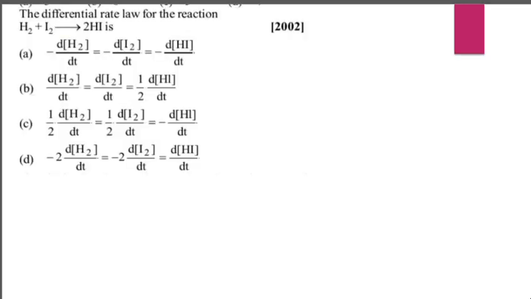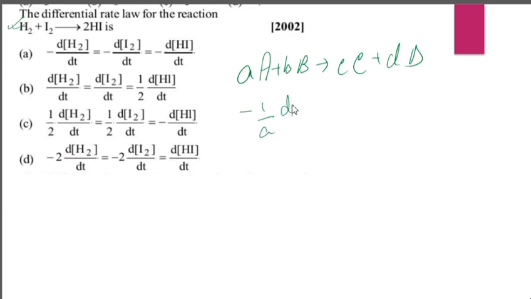Now see, the very first sum says there is a differential rate law for this equation, and they are asking you for this. For any equation, suppose A plus B giving C plus D, the differential rate law equation will be minus 1 by a dA by dt, the change in concentration of A with respect to time, equal to minus 1 by b dB by dt.